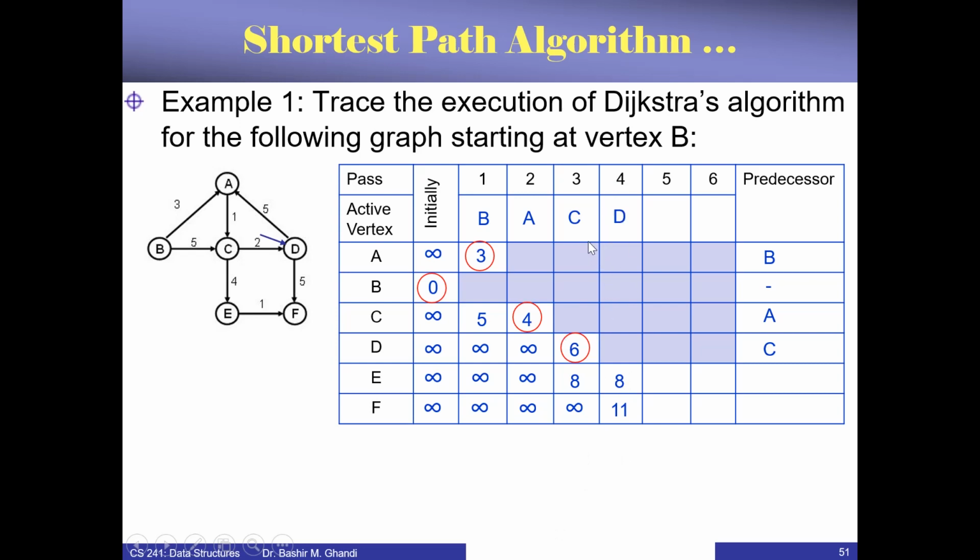So that brings us to the end of iteration number 4. To start the next one, again we look at the 2 values that we have here. Which is the smallest? Obviously 8 is the smallest, so we finalize it. There is no better way of getting the cost of E better than 8.